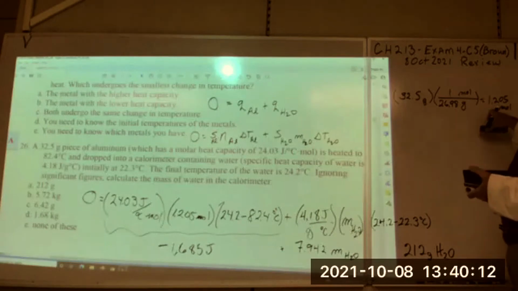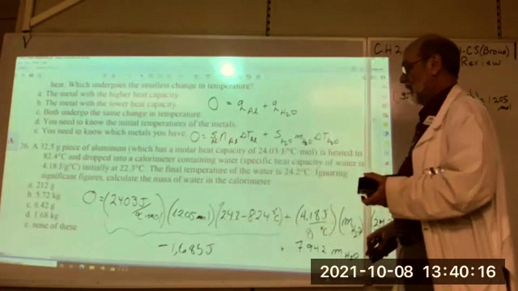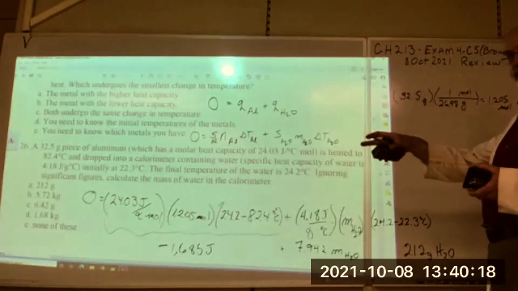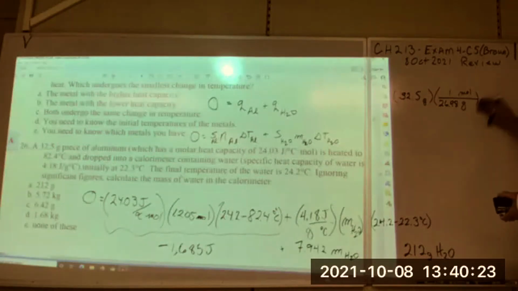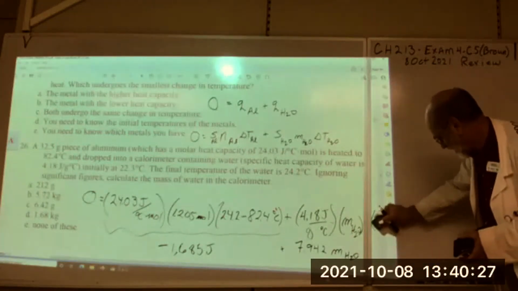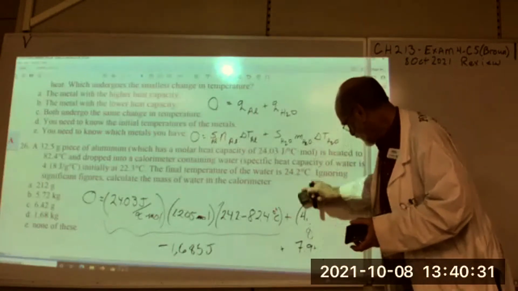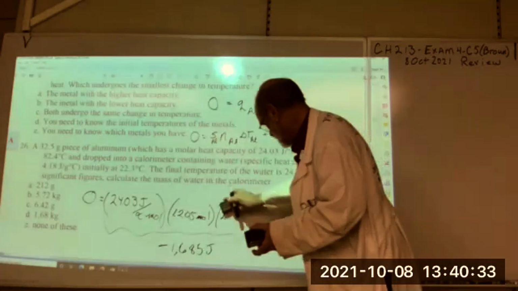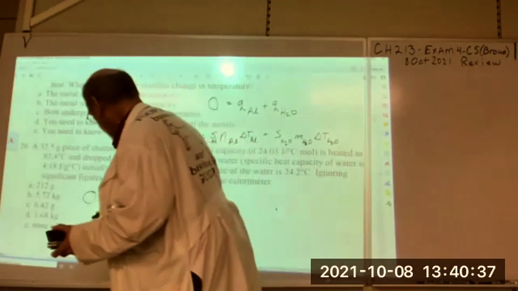And instead of putting moles in there, I might have put the mass in there. I'd be willing to bet that one of those answers is calculated just that way. That's how sneaky multiple choice tests are. Just because you see the answer you got doesn't mean it's the right one.